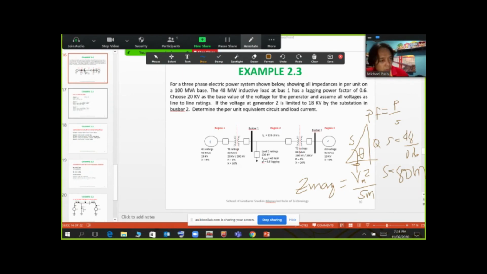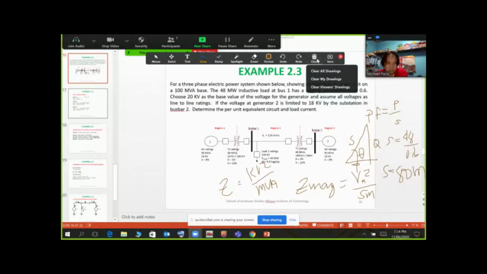And use kV squared all over MVA. That's why the answer on that slide is 200 squared divided by 80.